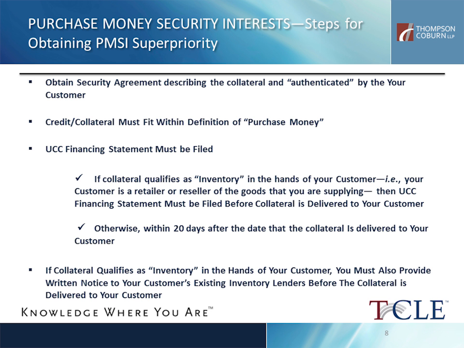And if you fit within that category, then another requirement that you must comply with is to send notice to those folks that may have an existing inventory lien on the customer's inventory. And in order to find out who those folks are that have liens on your customer's inventory, you're going to have to do a UCC search.